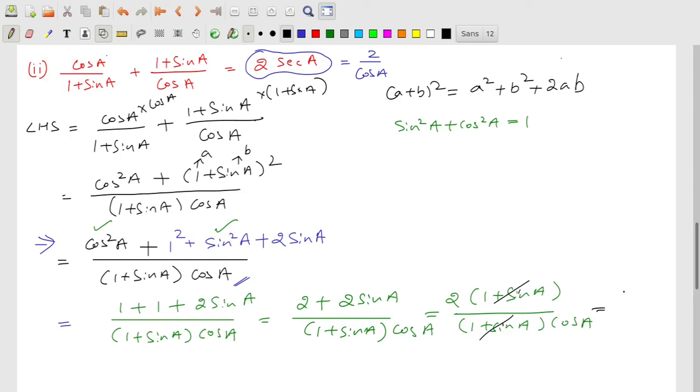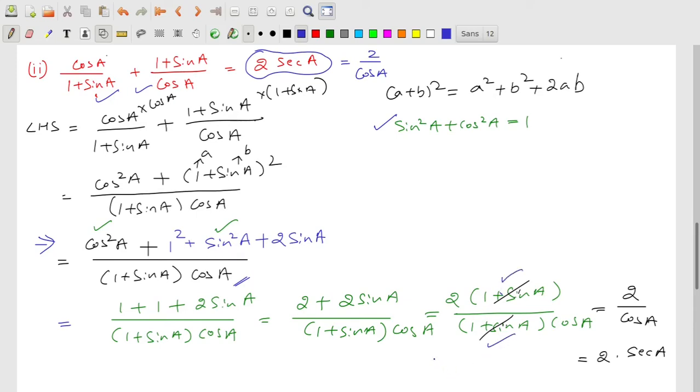So now you are left with 2 in the numerator and then cos A in the denominator, which is equal to 2 into 1 by cos A, that is secant A. So what steps are important here? First, operating the LHS as just some fractions, and then using the first trigonometric identity, taking common, and then cancelling out these two terms.